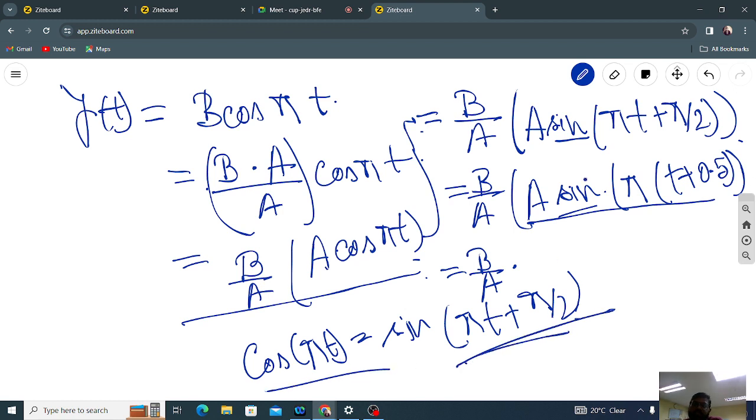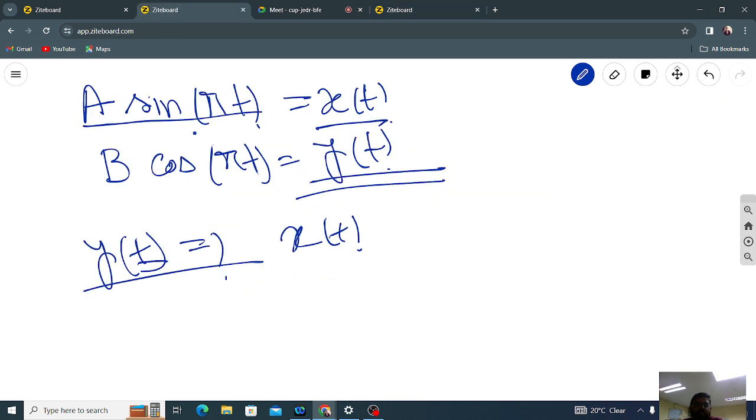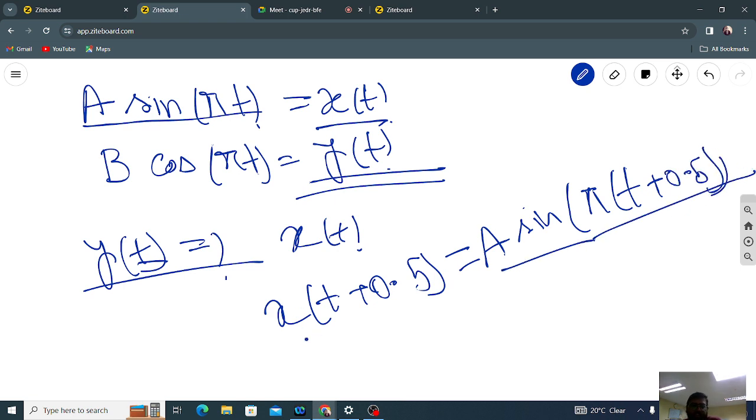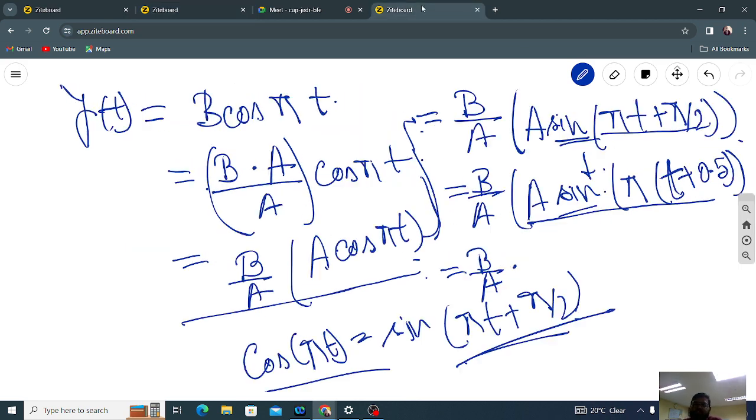From this relationship we can write this from here to here, taking the pi part common, and this is t plus 0.5. So x is a sin pi t, so x of t plus 0.5 should be a sin pi of t plus 0.5, right? This is the x of t plus 0.5. Similarly, we got here a sin of pi of t plus 0.5.